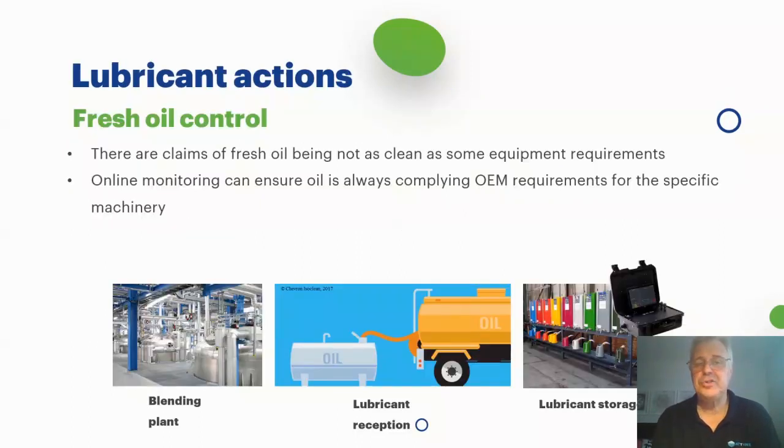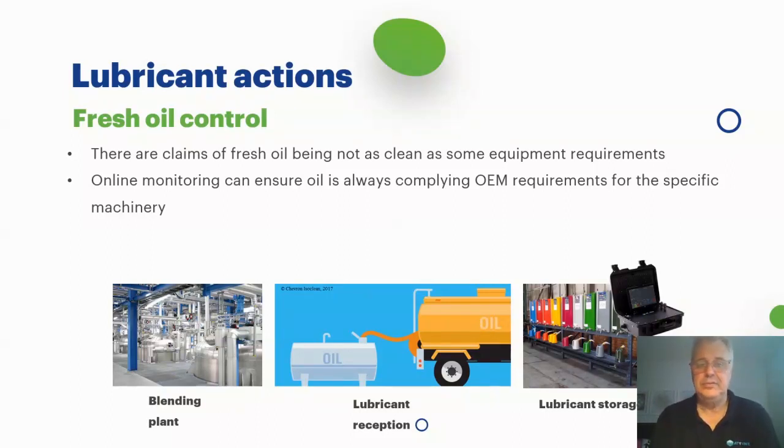Concerning lubricant actions with fresh oil control, we know that, as mentioned earlier in the presentation, some OEMs have very strict lubricant cleanliness requirements. As we've seen at the blending plant, new lubricant cleanliness is quite good, but in some cases not good enough.